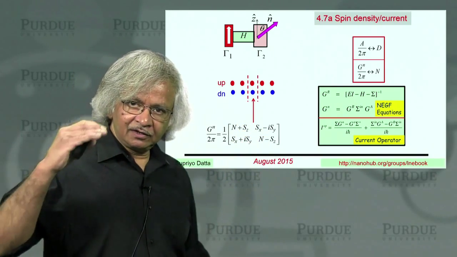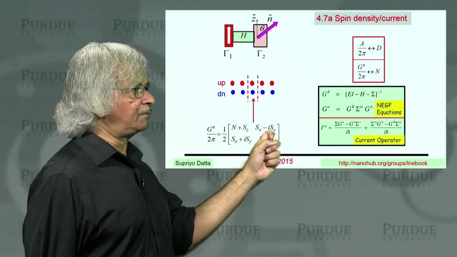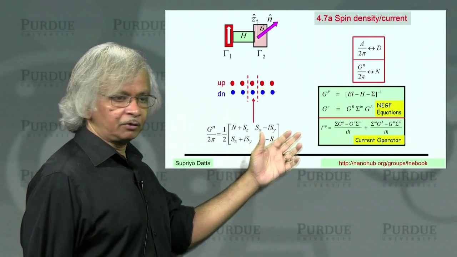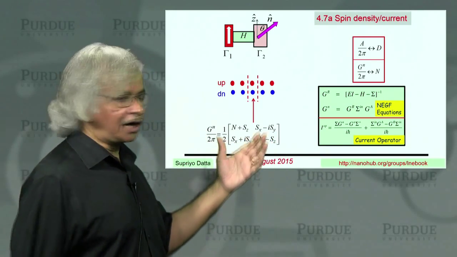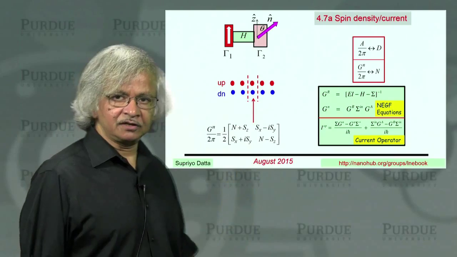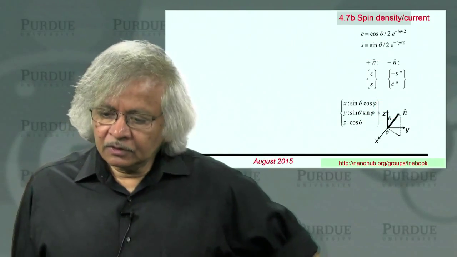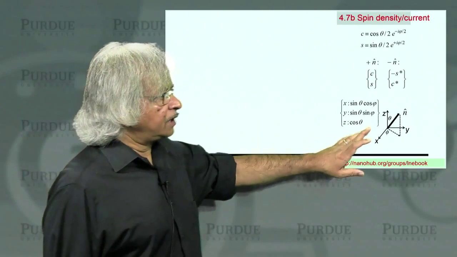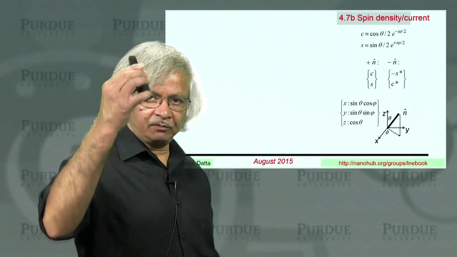And spin points in some direction. It has a z component and an x component and a y component. And we'll talk about why the Gn looks like this and how you can extract this information from Gn.